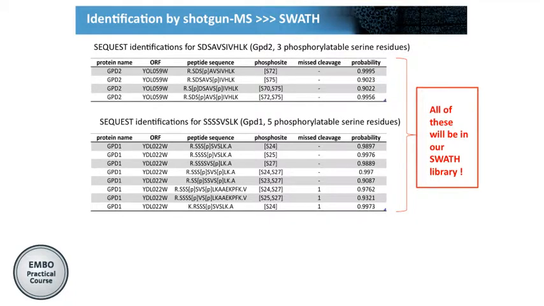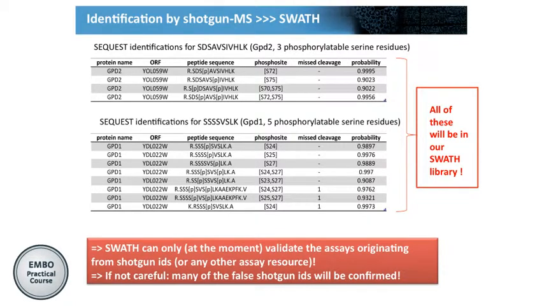I'm just going to mention that in the case we saw before, if we would now want to build a library, whether for SWATH or, for example, in Skyline, all of these will go into a library, and if we don't think about it, we will then try to acquire all of these in SRM or to extract all of these in SWATH. And the thing about SWATH or any type of targeted extraction method is that we're also going to extract all of these.